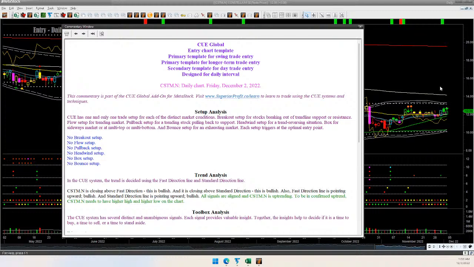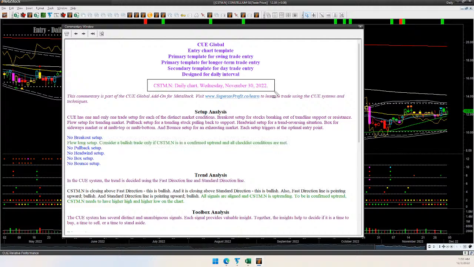Let's click on the chart on Wednesday. See, the commentary is reading the chart on Wednesday now, calculating everything. What does it show? Indeed, there was a flow, that is a trend following long setup on Wednesday.